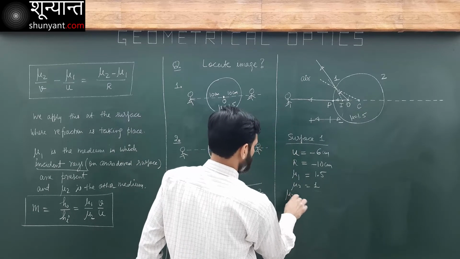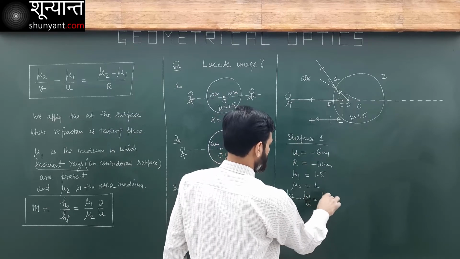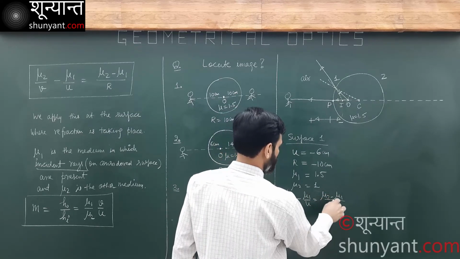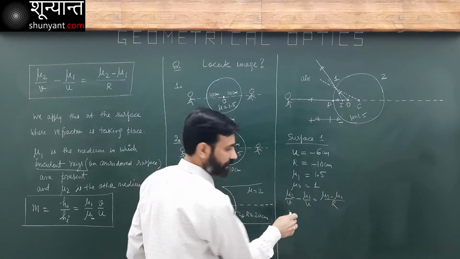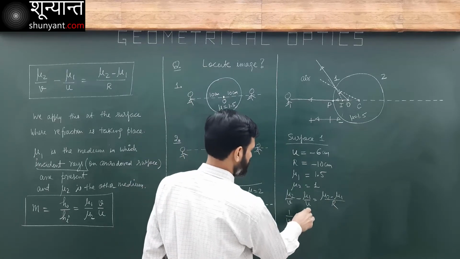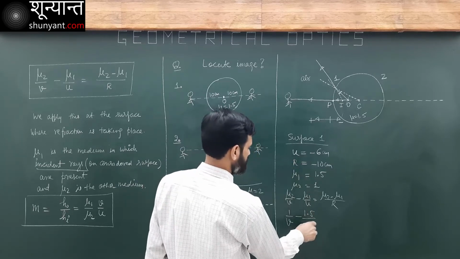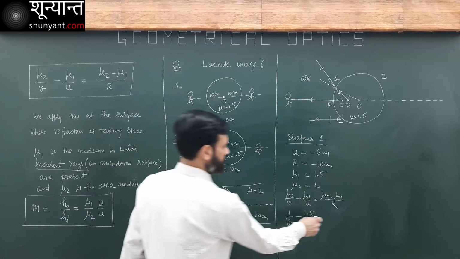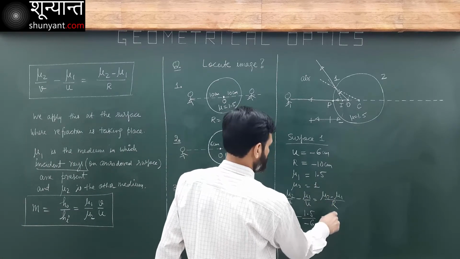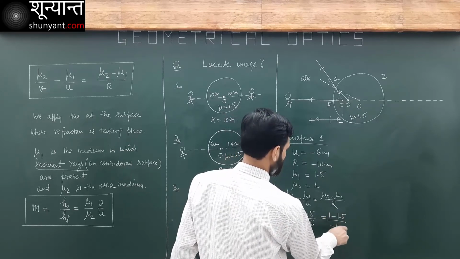So mu2 over v minus mu1 over u equals mu2 minus mu1 over R. That is 1 over v minus 1.5 over u, where u is minus 6, equals 1 minus 1.5 over minus 10.